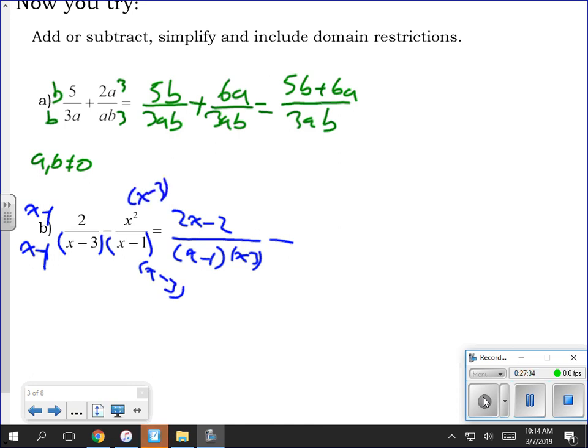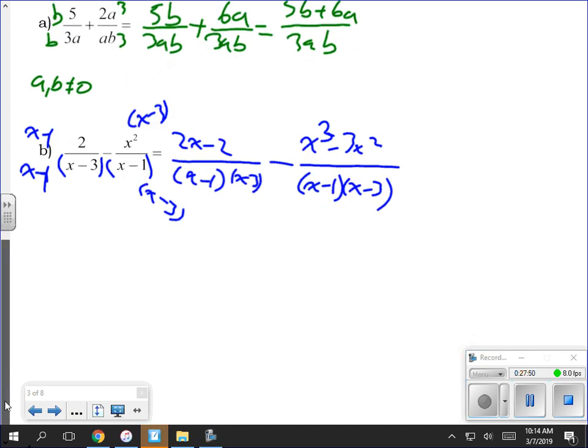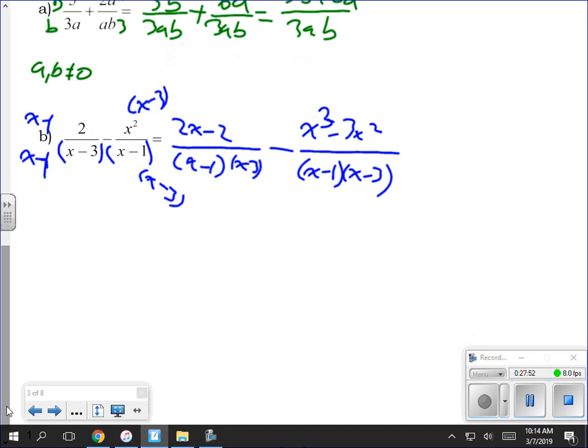And this one's, like I said, a little more goofy. So I take x squared times x minus 3, gives me x cubed minus 3x squared over x minus 1, x minus 3. And then give myself a little more room. My denominator, x minus 1, x minus 3.